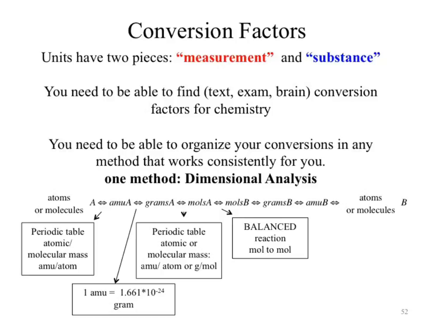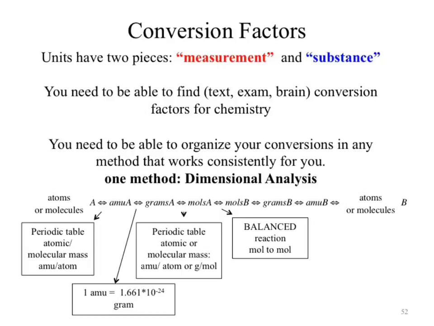Okay? The next big part is how do we go through and do these conversions. You'll notice that I've got this organized as a nice straight line. We can go from atoms of one molecule to atoms of a different molecule. The only way I can do that conversion is by pretty much going through our line. Okay? So if I give you atoms of X, to get to atoms of Y, you need to be able to skip through these conversions.